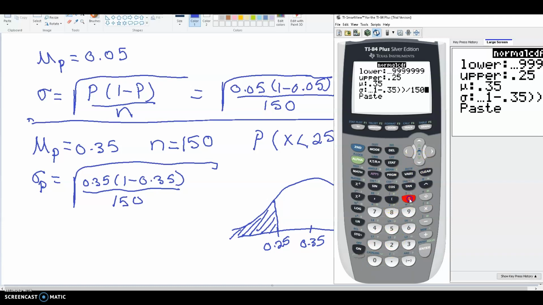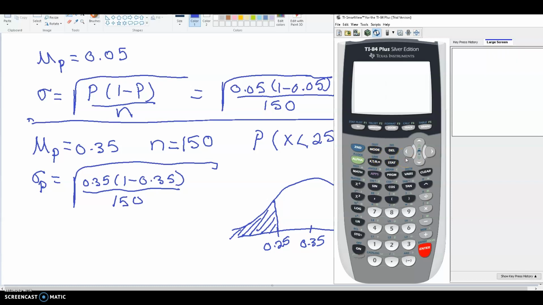And then close for the whole thing, because I believe this one started off with a parentheses. Yeah, it opens with a parentheses. So we're going to go down to paste. Oh my goodness, it's stuck here just for a second. Give it a minute. All right, there we go.